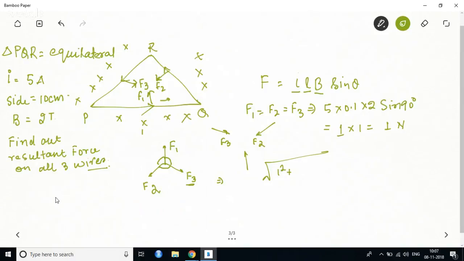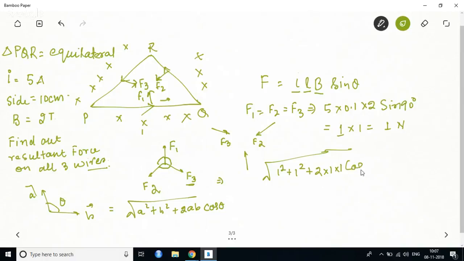So it is like this. If vectors A and vector B make theta degree with each other, their resultant is given by A square plus B square plus 2AB cos theta. So it becomes 1 square plus 1 square plus 2 into 1 into 1 cos 120. Cos 120 is minus 1 by 2.